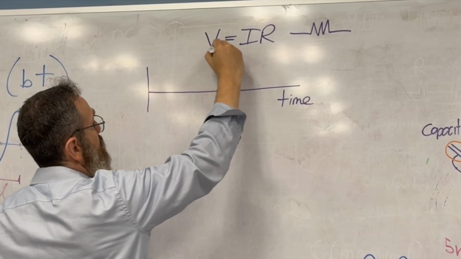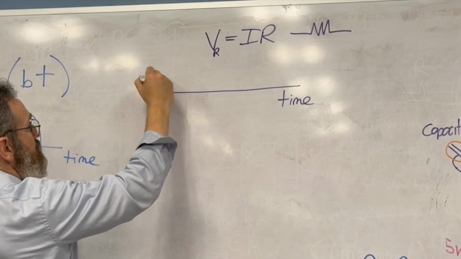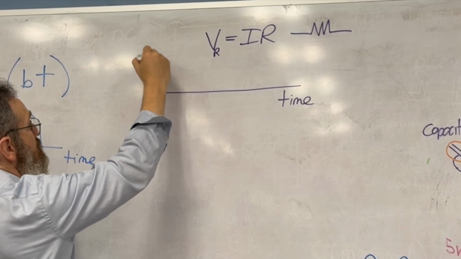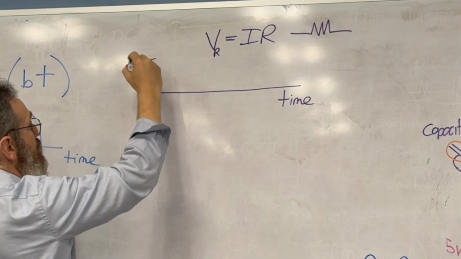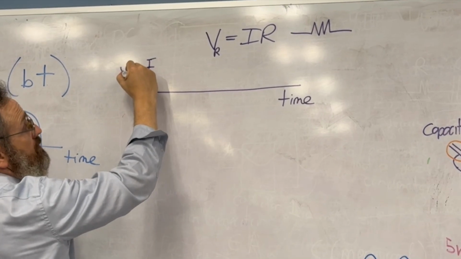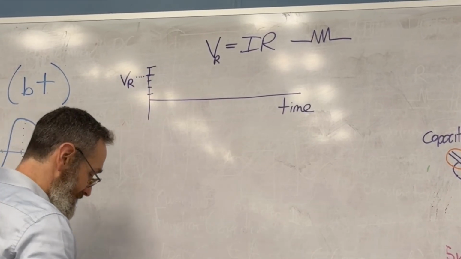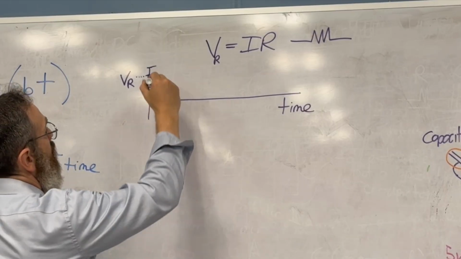I'm going to call it V sub R for voltage on the resistor. And this voltage is some value, V sub R, and it's there all the time.